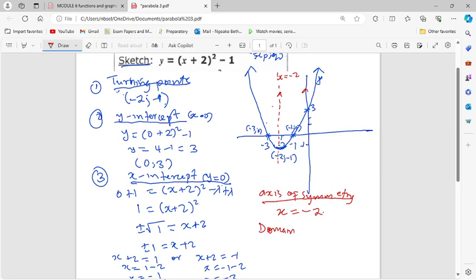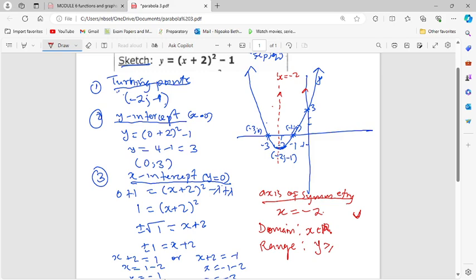The domain. Now the domain, we agree that is just x, an element of real numbers. Now the range. So the range is y. Now because the graph is concave up, we'll say y is greater or equals to, from minimum going up to the maximum.